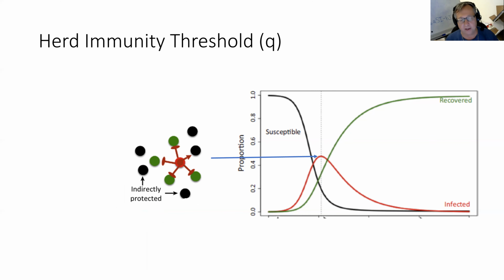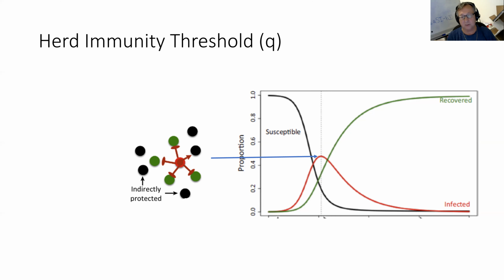So then we have the point where the red line reaches a maximum. And again, it's going to turn out that this is the point where the effective reproduction rate is 1. So remember, that's the situation where one person, the red dot, still runs into 5 people, but 4 of the people have already been infected or recovered, and as a result, he doesn't infect those people. He only affects 1/5 of those.